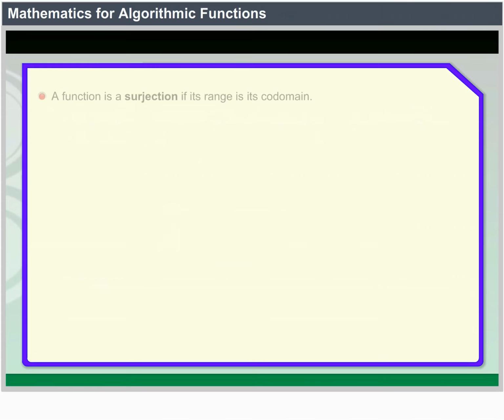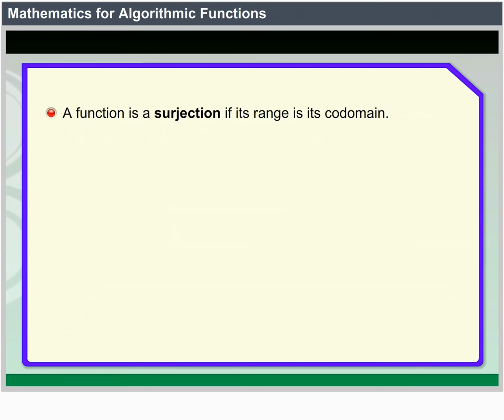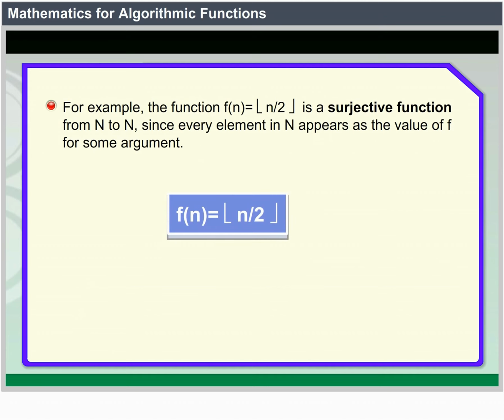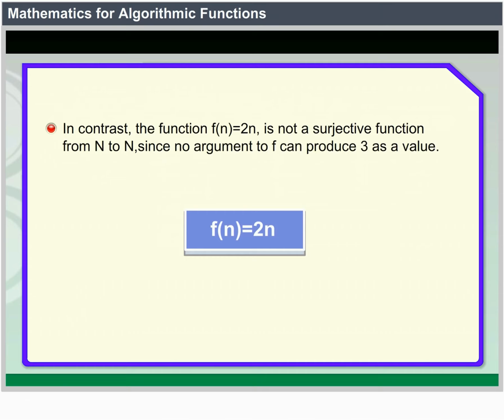A function is a surjection if its range is its codomain. For example, the function f(n) = floor of n by 2 is a surjective function from N to N, since every element in capital N appears as the value of f for some argument. In contrast, the function f(n) = 2n is not a surjective function from N to N, since no argument to f can produce 3 as a value.